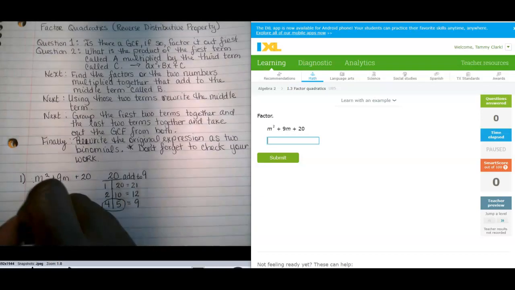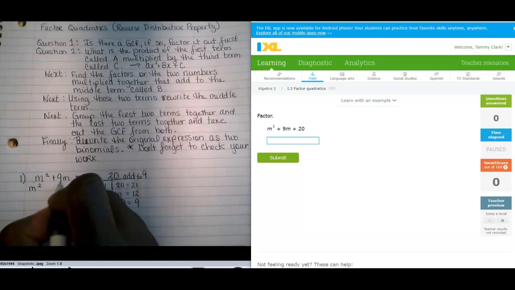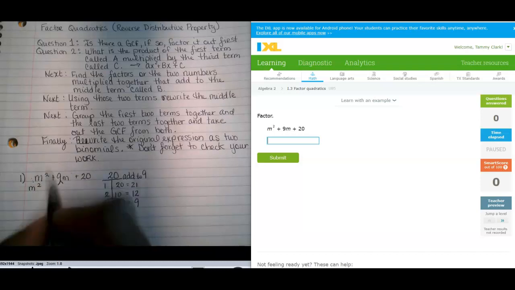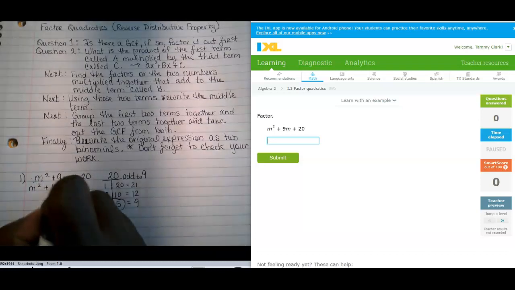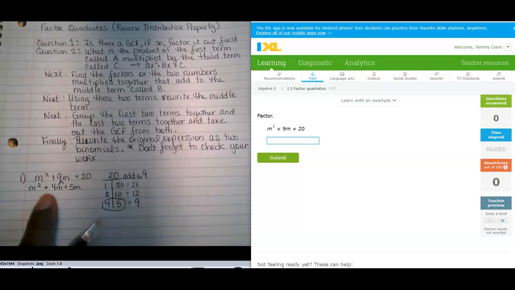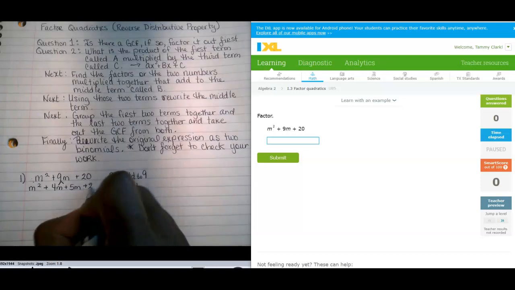So what we do is we write the first term, and then we split the 9m into these two terms. They both need to have an m on them, because remember, we started by combining like terms, and if I don't put the m's on there, then I can't combine them to make this number. So we're going to do plus 4m plus 5m, and it's plus and plus because both of these numbers are positive, plus 20.